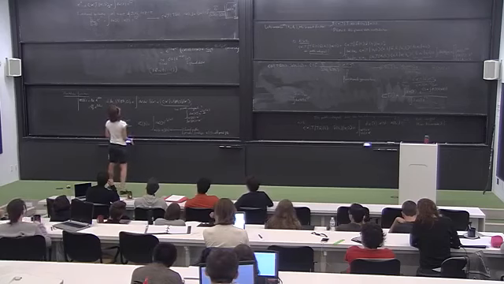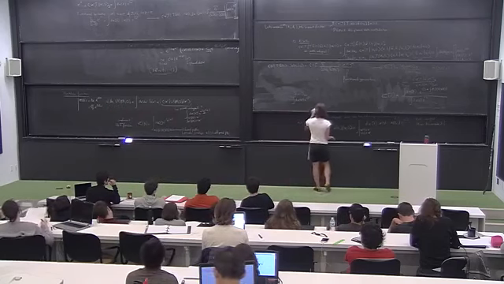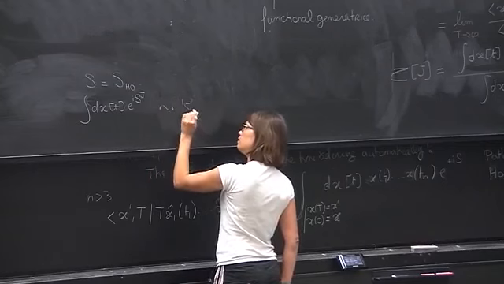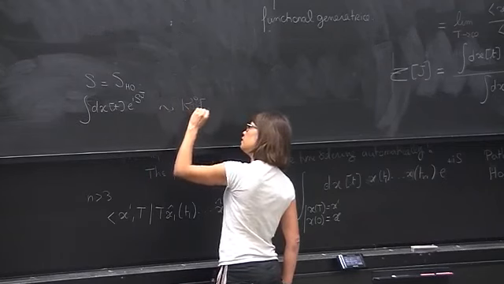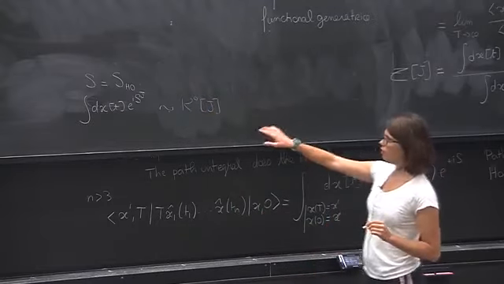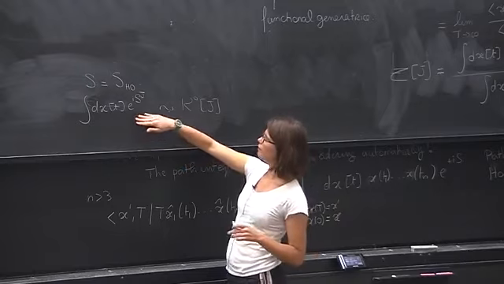No, it's not here. But I think it was what I denoted K0J, except that now we haven't done a Wick rotation. So it's going to be exactly the same thing.